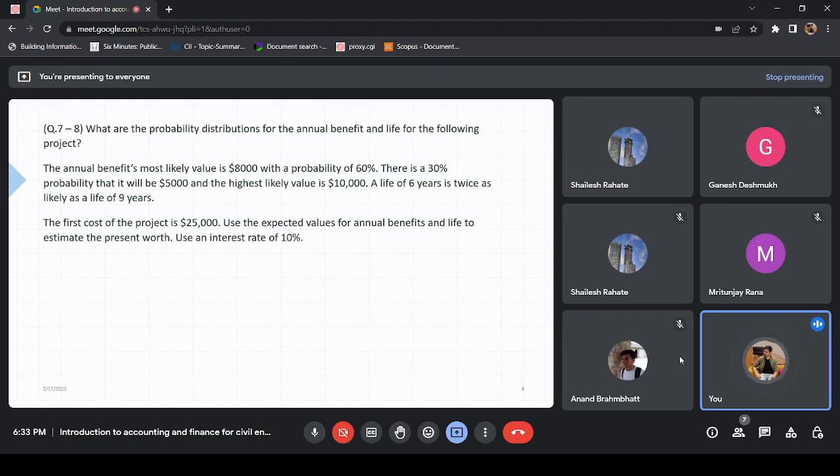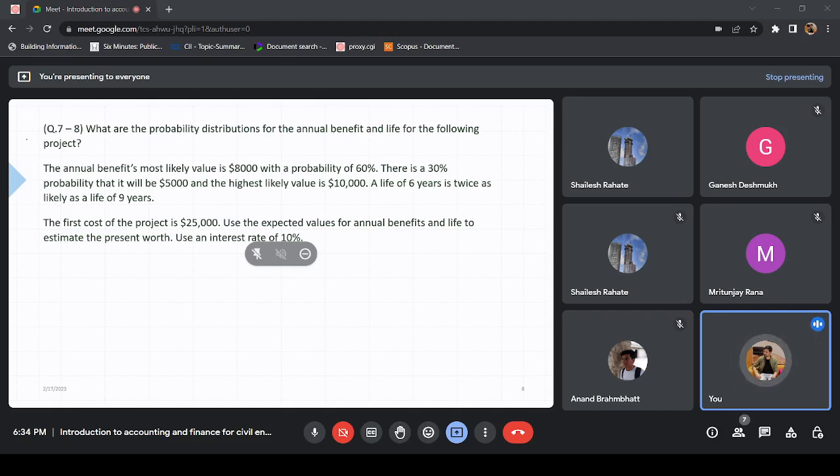This is an interactive session. I mean, I can also sit like you guys. Okay, so we will try to move ahead.